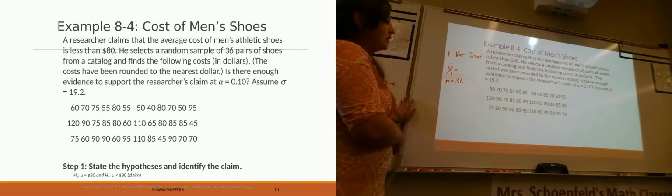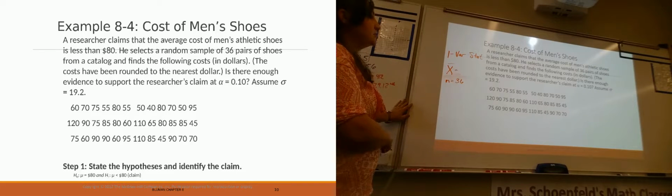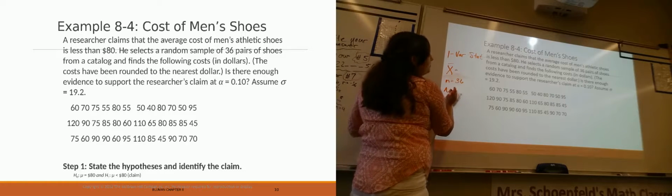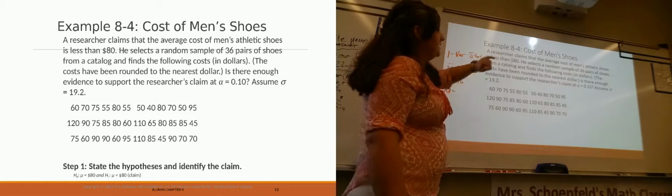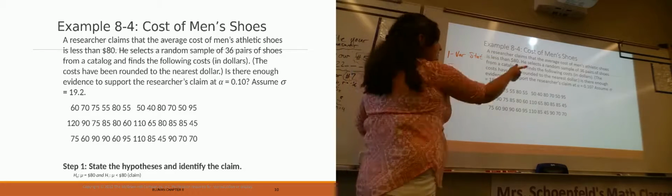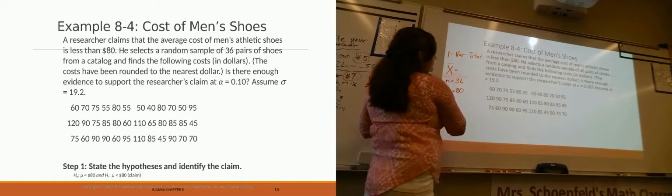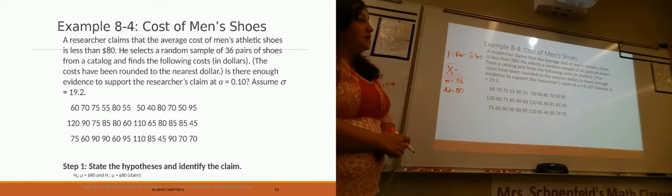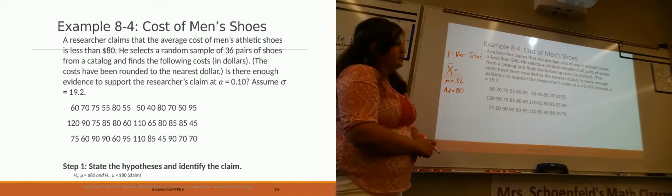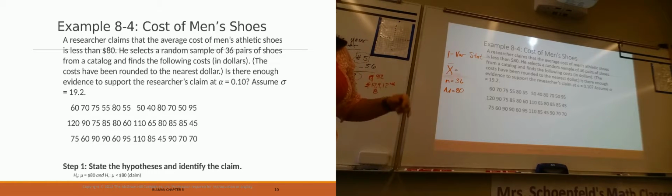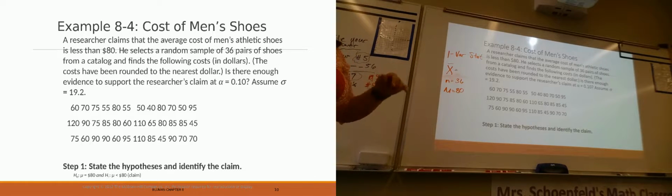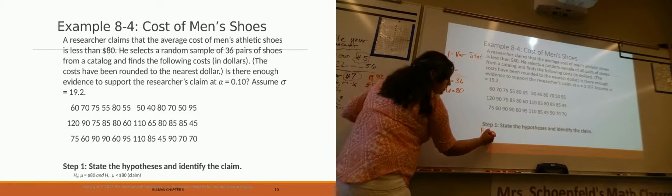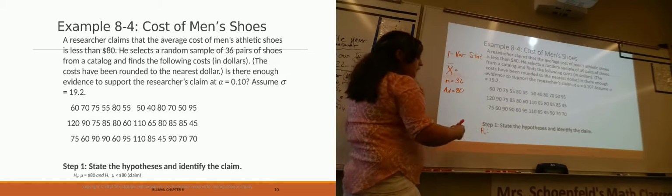The mean that they actually already have is $80. Hey, look, it said 36 up there. The researcher wants to know: is the average cost of men's athletic shoes less than $80? So our null hypothesis is H sub 0: mu equals 80.